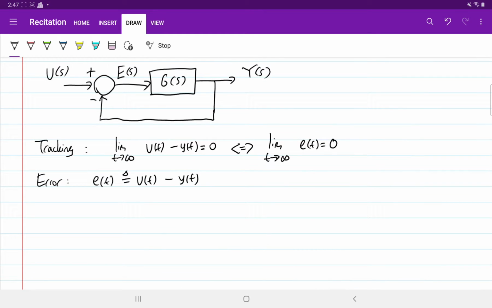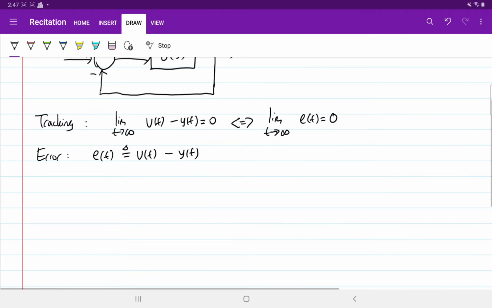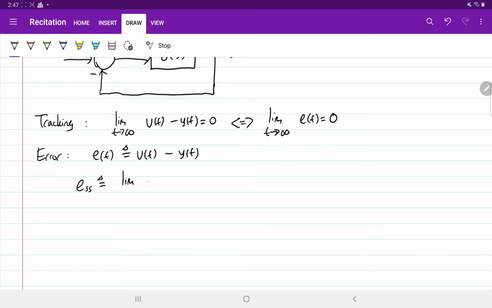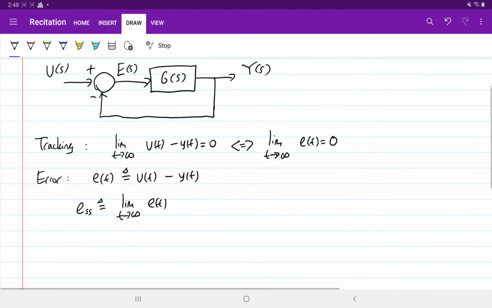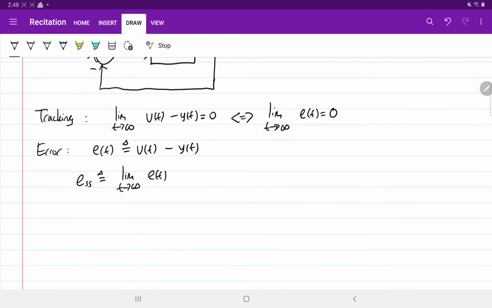And what is steady state error then? Steady state error, or ESS, is defined as the value of e of t as t goes to infinity. If there's no error, or when the output matches the input value, then the steady state error is equal to 0.